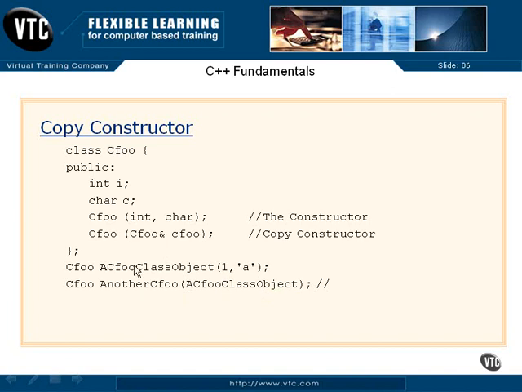So the compiler is going to see that it should use this copy constructor. And then we simply have a function that is cfoo cfoo.